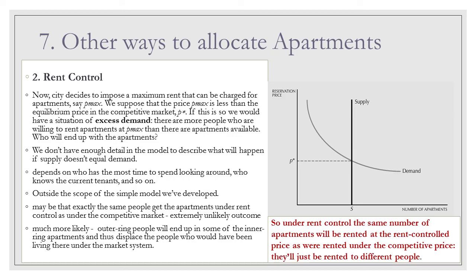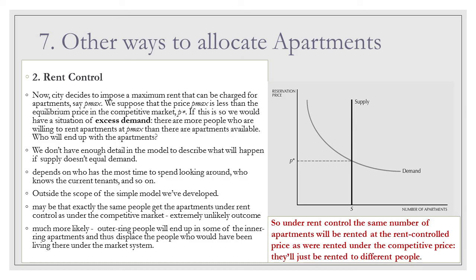Right, the people who were living outside the periphery, considering the two circles, the one near the university, the apartments near the university area, and the other outside the university area in the outer ring. Now people from the outer ring might end up getting some apartments in the inner ring, right? And those who have been staying in the inner ring might be displaced. Okay, so this can be the case.